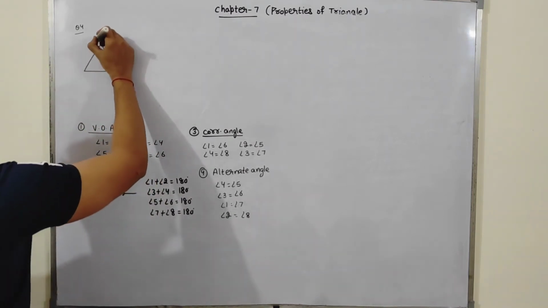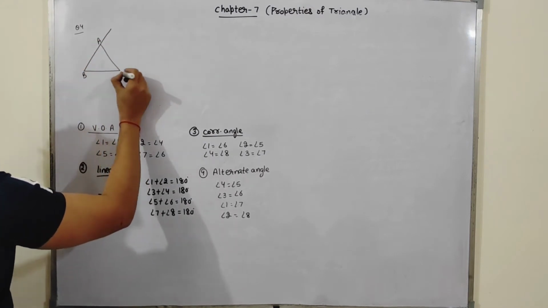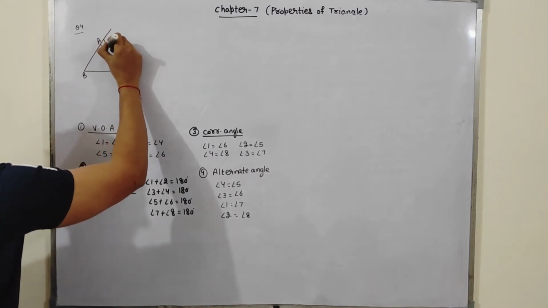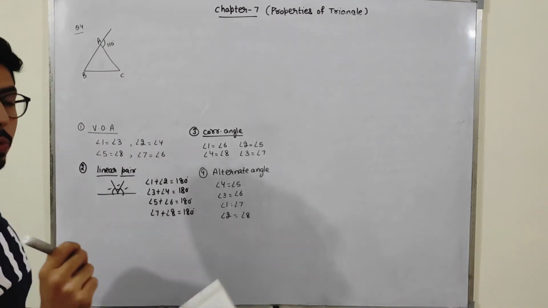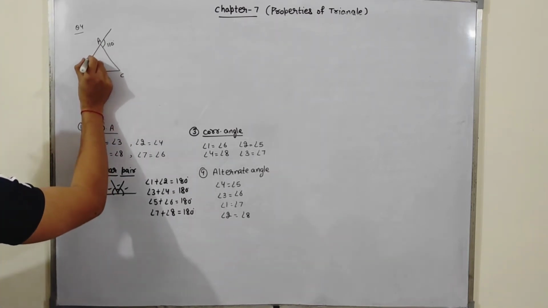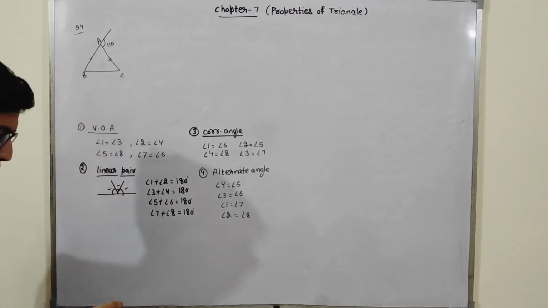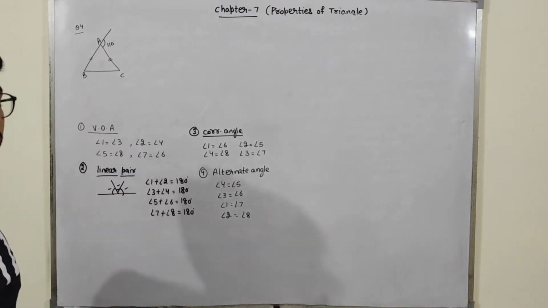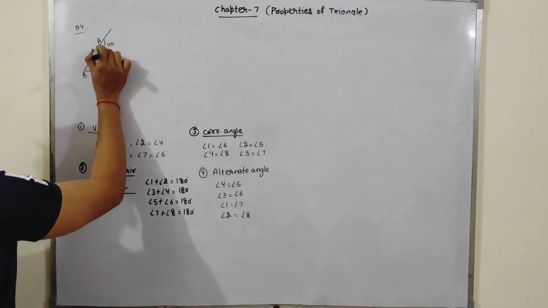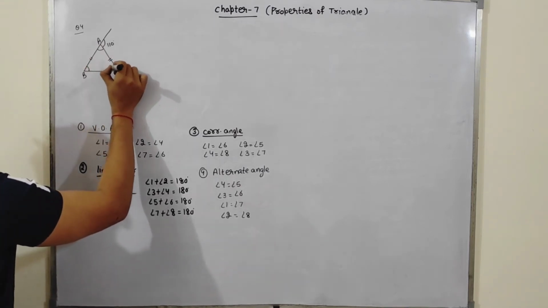That is A, B, C. This is 110. This is given to us. Okay. Also, one thing, AB is equals to AC. This is given to us, and we have to find out the remaining angles of the triangles. That means this I have to find out, this I have to find out, and this I have to find out.